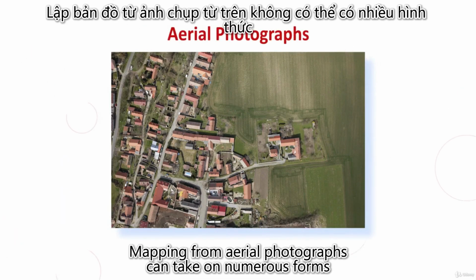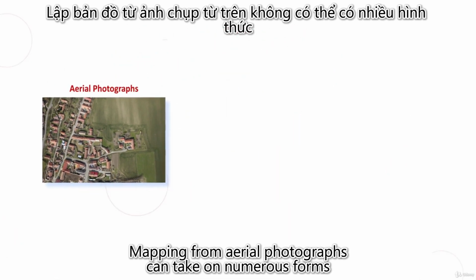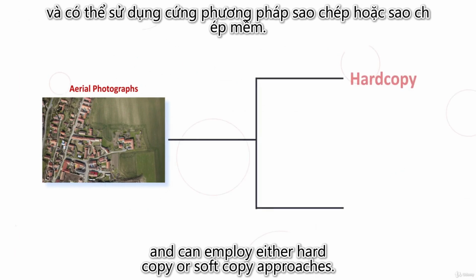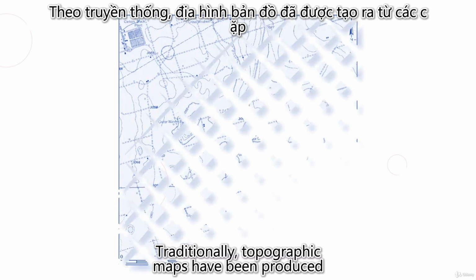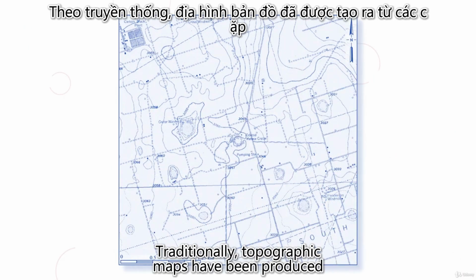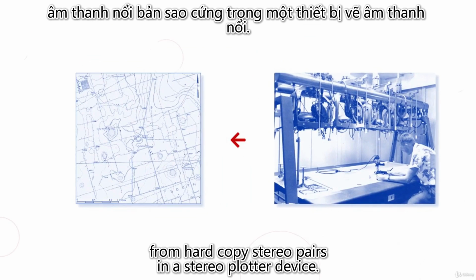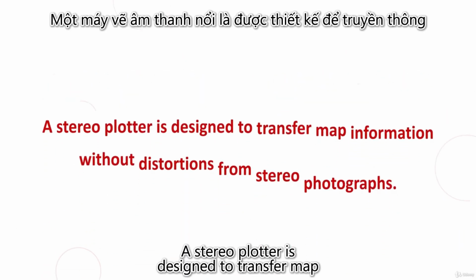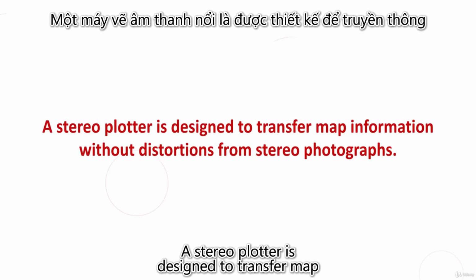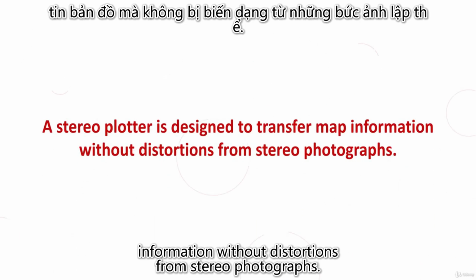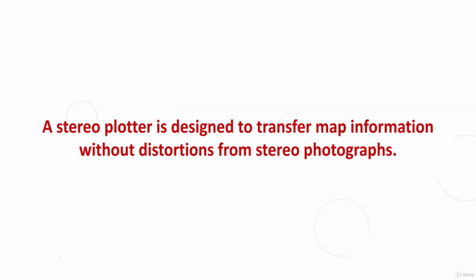Mapping from aerial photographs can take on numerous forms and can employ either hard copy or soft copy approaches. Traditionally, topographic maps have been produced from hard copy stereo pairs in a stereo plotter device. A stereo plotter is designed to transfer map information without distortions from stereo photographs.